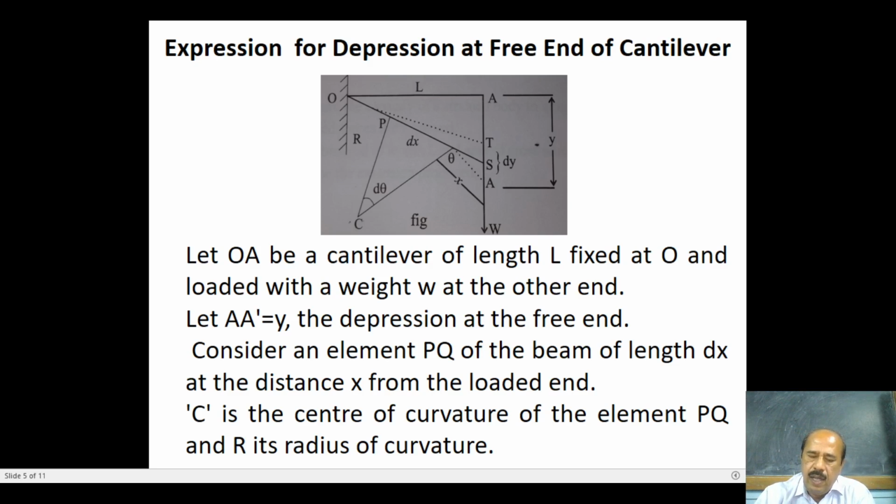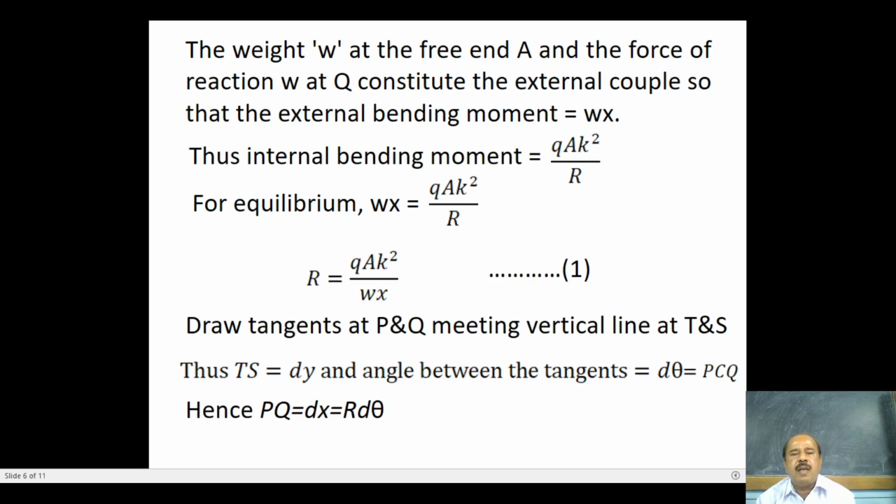The weight W at the free end A and the force of reaction W at Q constitute the external couple, so the external bending moment is equal to W into x. W is the weight which we have loaded at the free end of the cantilever, and x is the distance.